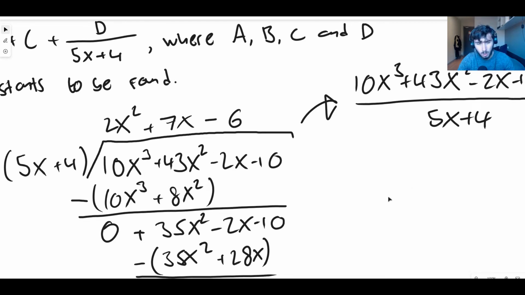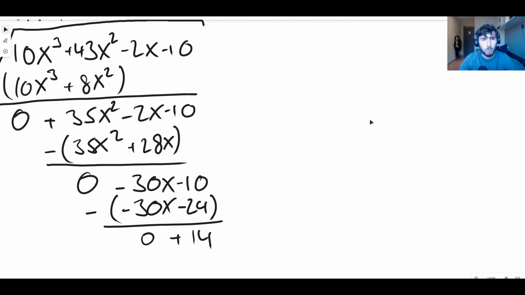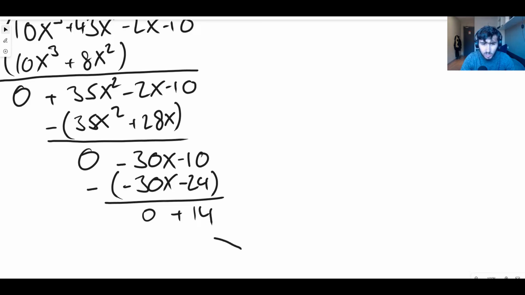And because we have a remainder, only when we have a remainder do we need to do this. The remainder is 14. We can't keep doing polynomial long division because this is technically 14x to the power of 0, because x to the power of 0 is 1.